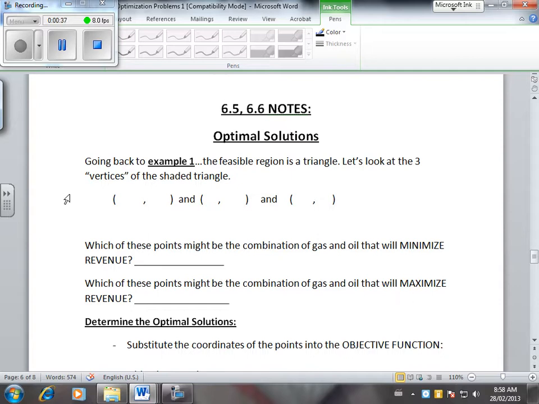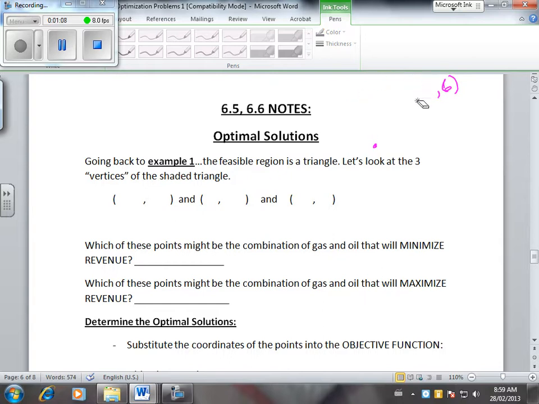Okay, so before we were just saying the solution is in the feasible region, and now we're going to find possible solutions. So you remember that our triangle looked something like this. Okay, and it was filled in like this, and our points on the graph were 3, 6, 0, 6, and 0, sorry.